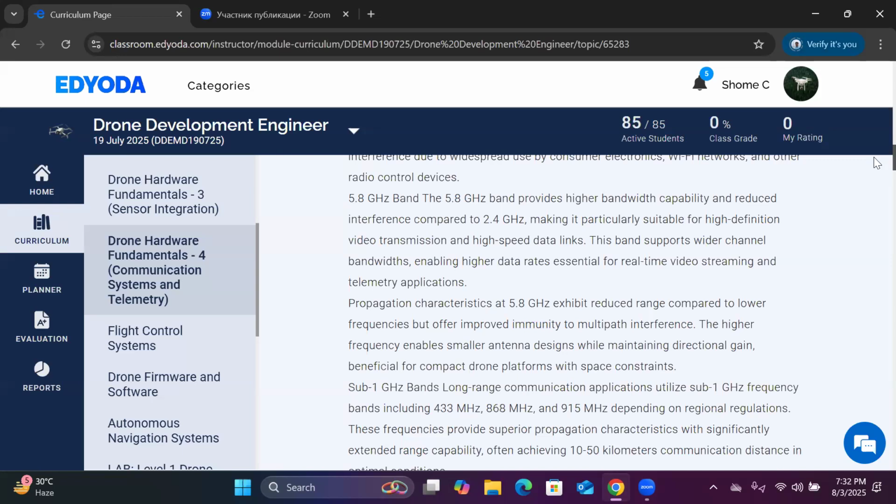Now, when we are selecting the frequency at 5.8 gigahertz, the antenna needs to be selected for 5.8 gigahertz. A 2.4 gigahertz frequency band antenna will not support 5.8 gigahertz unless it is dual band. In modern days, we get antennas which support the dual frequency band or the tri frequency band.